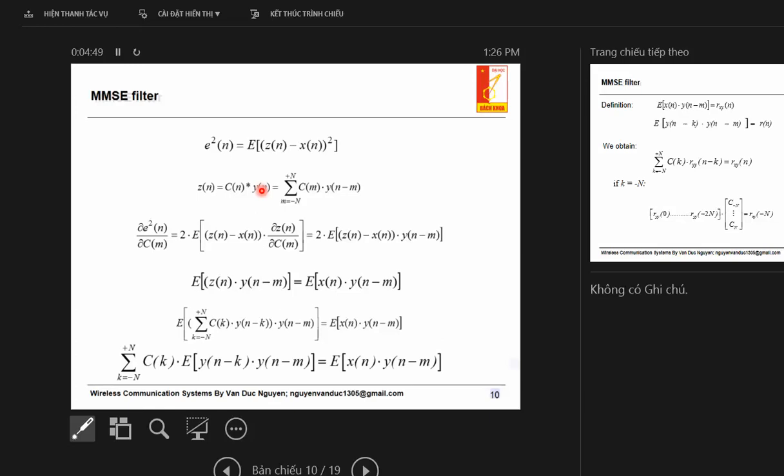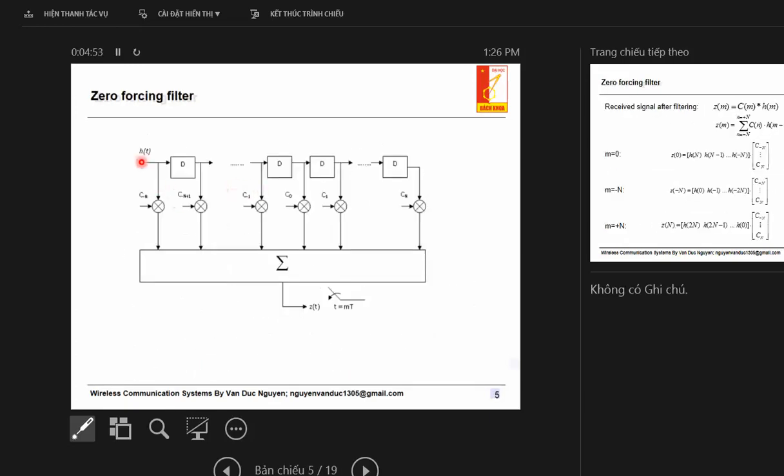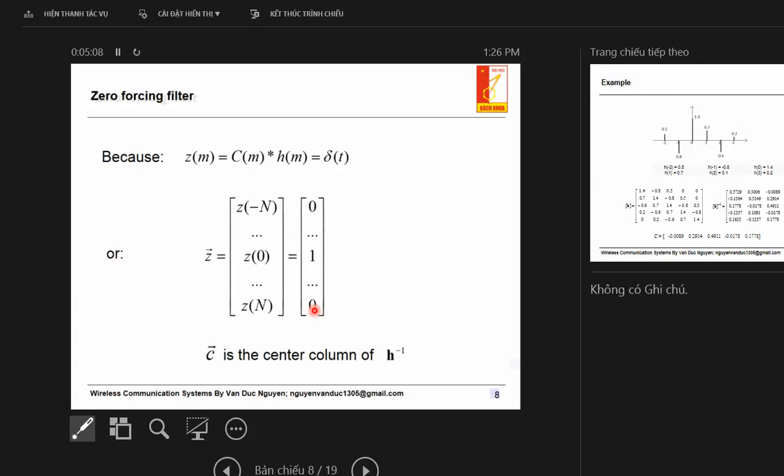So here x_n is the input, c_n is the filter coefficient, and z_n is the output. The output is the convolution of the input with the filter coefficient. So that is the z equation here.